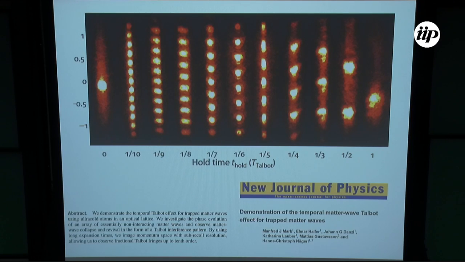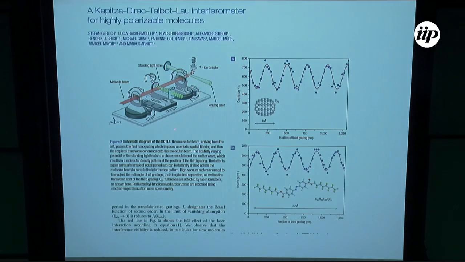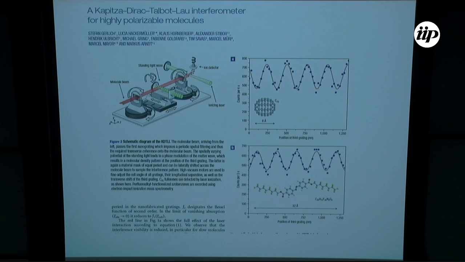This is a relation to other works, and this is also the Talbot effect, the same Talbot effect, but with BECs in optical lattices. We think that we can apply all this formalism of Fourier transform and so on in order to manipulate these kinds of periodic systems. Also molecules, this is more or less the same principle.